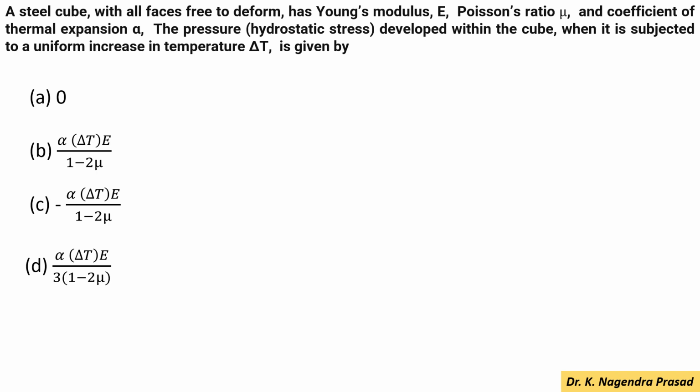So here the condition given is free to deform. We know that when the material is free to deform, then no stresses will be generated. So with all faces free to deform, the stresses are 0. But it is given that the cube is constrained.